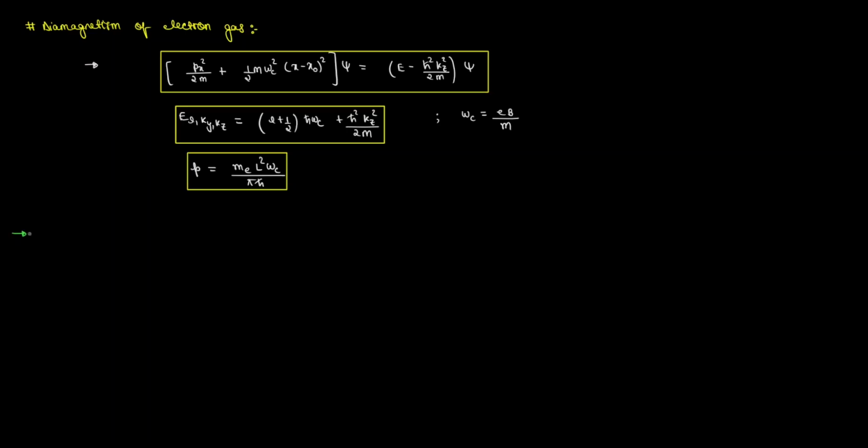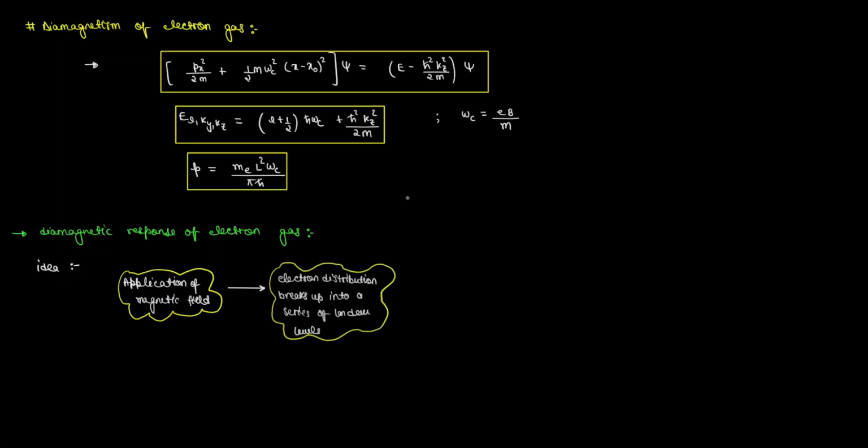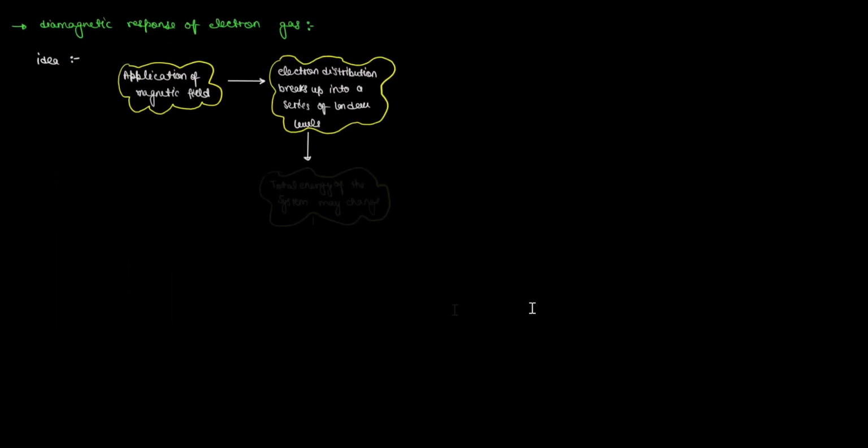Now, to understand the diamagnetic response of electron gas in the presence of magnetic field, the core idea is that by the application of magnetic field, the electron distribution breaks up into a series of Landau levels so that the total energy of the system may change by the application of magnetic field.